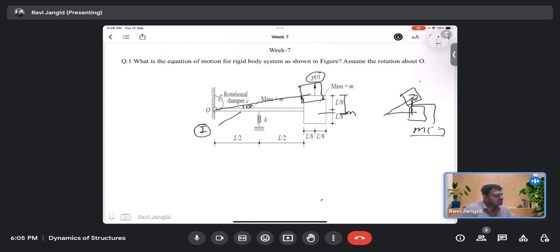Another is the rotational moment of inertia of this plate. For any plate which has the size, let us suppose this is B, this is D, how is the rotational I given? Can anyone tell me what is the I for the rotation about the center?